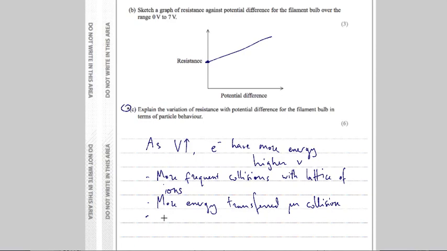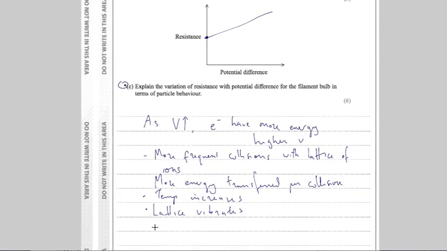You're going to have the lattice vibrating more, heating up. So temperature increases, which means that the lattice of ions vibrates. And that means that you're going to have a higher rate of collisions. If you're vibrating, you're a bigger target, right? You're moving around, so that means more collisions. Let's write greater rate of collisions.